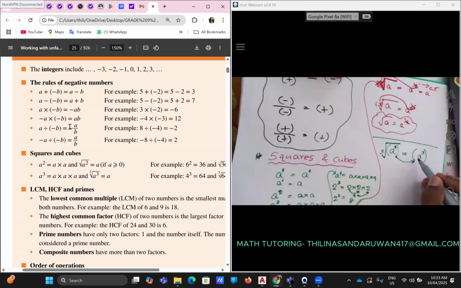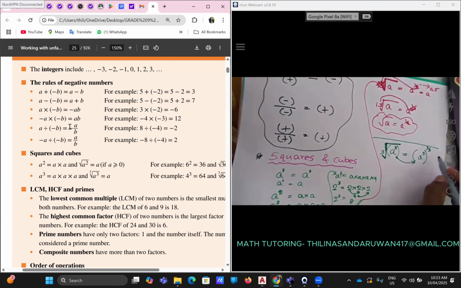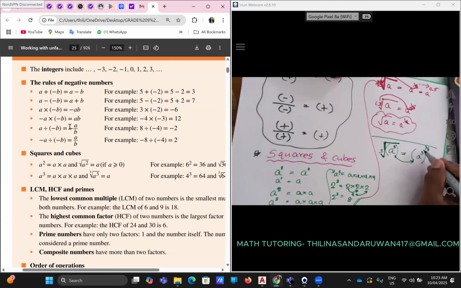And what about this? You can write it like 1 over 3. This means you have to put a bracket for the number or equation inside a square like this, and then to the power of 1 over 3, right?